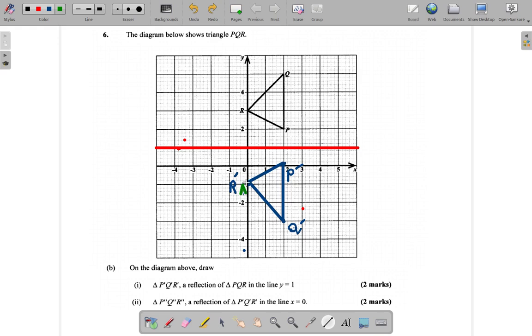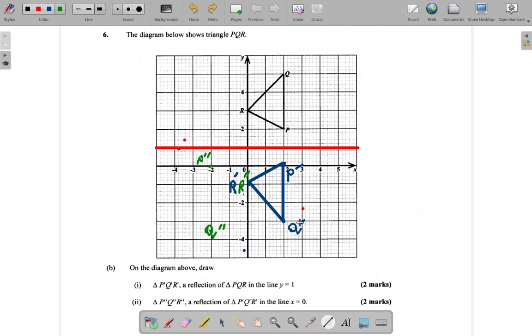So R double prime would be right where R is. P double prime, what did I say? It would end up here. And Q double prime would be right here.